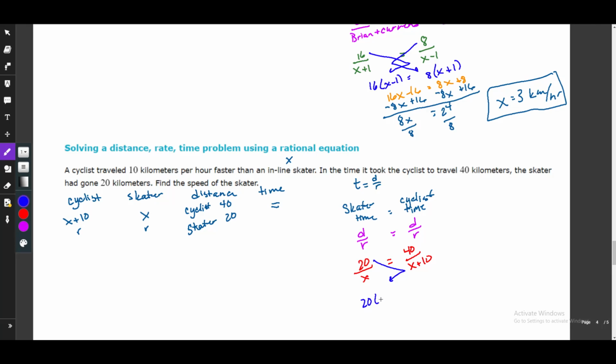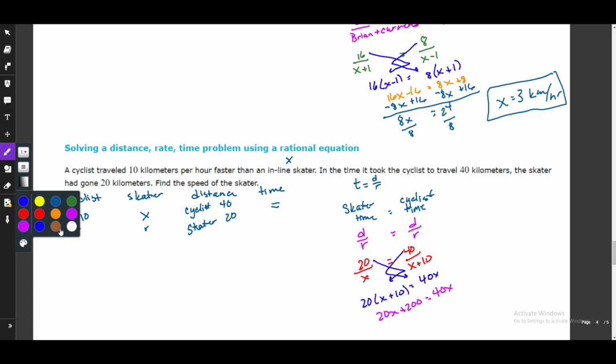So 20 times x plus 10 equals 40x. All right, so distributing, 20x plus 200 equals 40x.